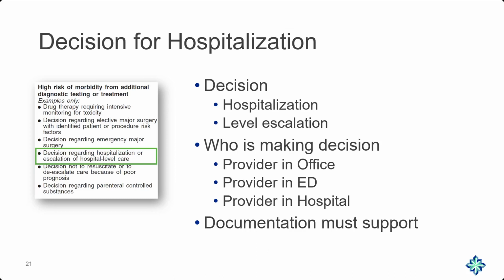If they're referring the patient to the emergency department for further assessment, that's not necessarily a decision for hospitalization. Typically, we do see that often made by the emergency room physician or provider or another provider in the hospital. That is not always the case, though. So just make sure that it's clear who's made that decision for the actual hospitalization. We want to make sure that that is supported.